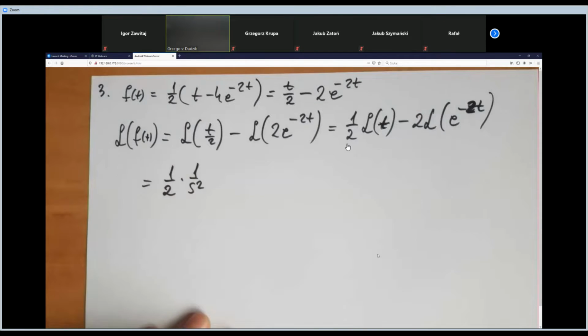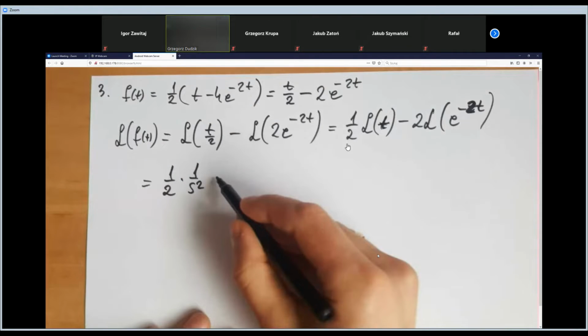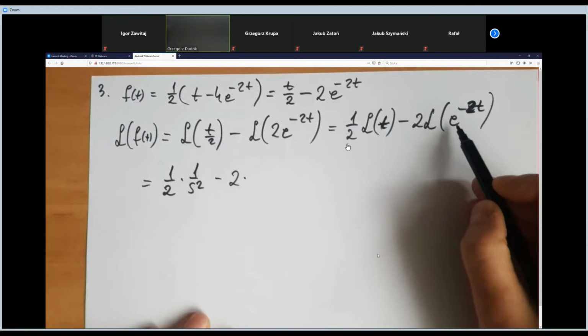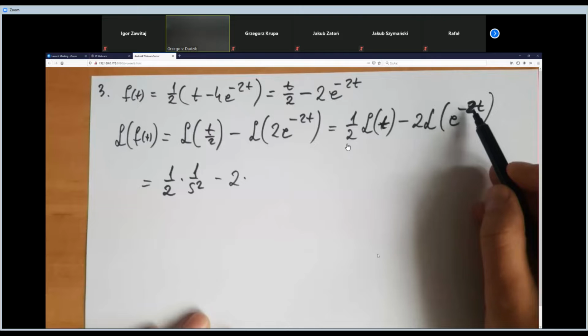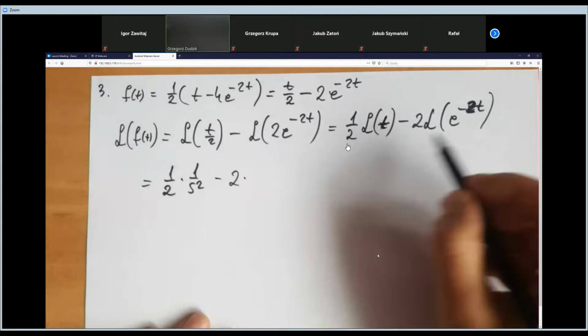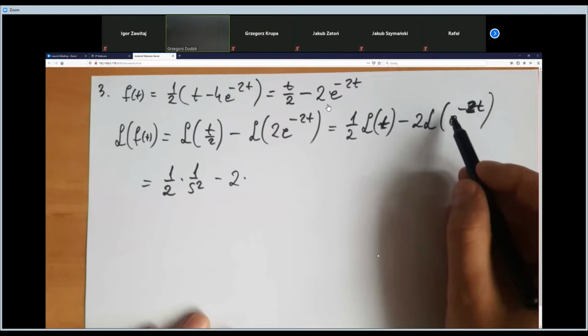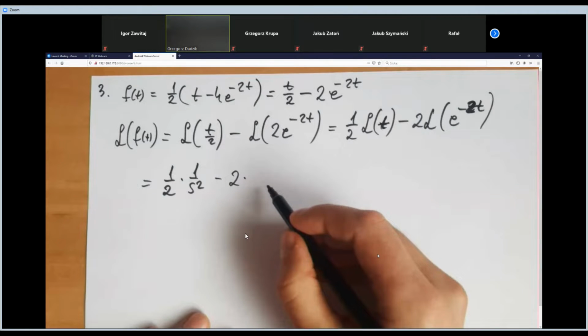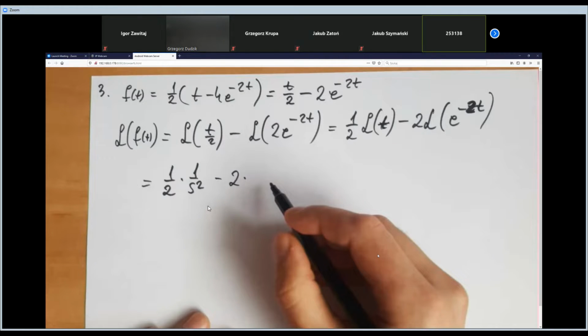Yes, this is it. Minus 2 times. Here we've got the Laplace transform of e to the power of minus 2t. As you see, the constant a is here, it is 2. So what is the Laplace transform of the exponential function e to the power of minus at? 1 over s plus 2.